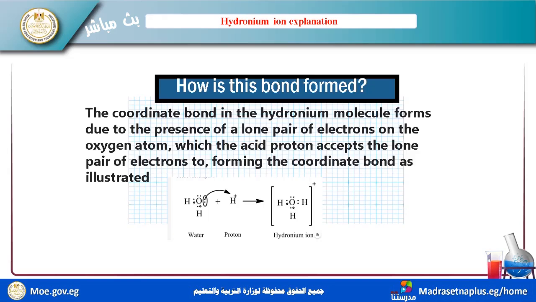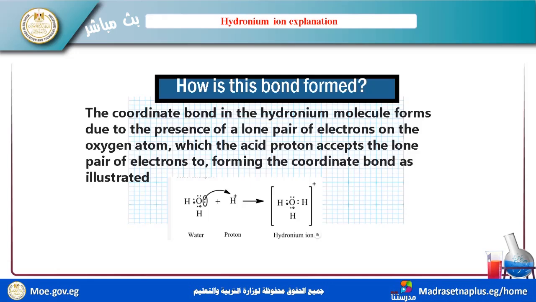You must differentiate between covalent bonds and coordinate bonds. You must differentiate between losing electrons from the metals and donating the electron from the non-metal.